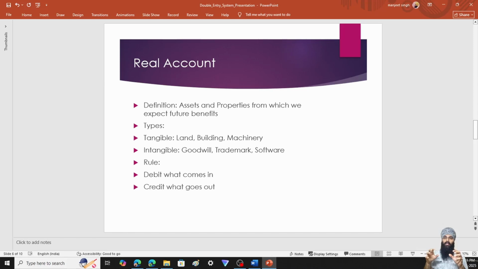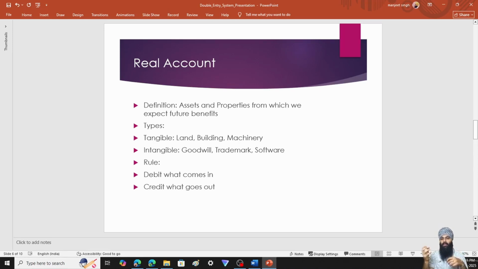Tangible assets are those that we can see, touch, and feel. Examples: land, building, machinery, office equipment, or any visible property. But if such a property or asset is not used in the business, it will not be categorized as an asset for that business, okay?